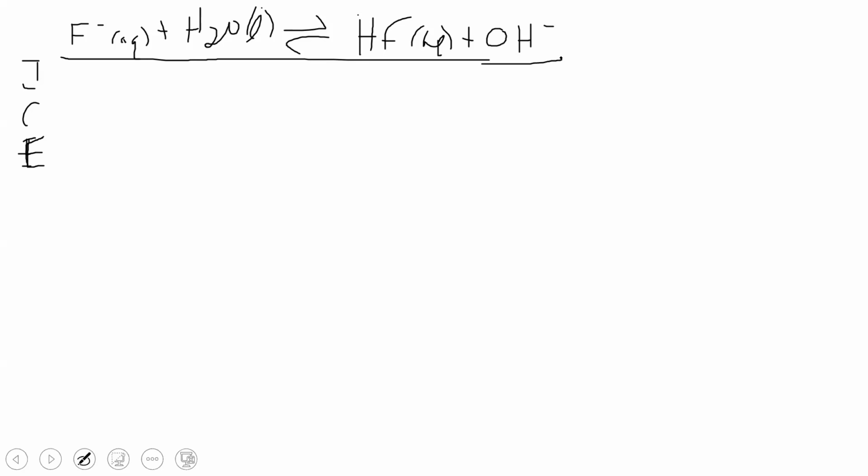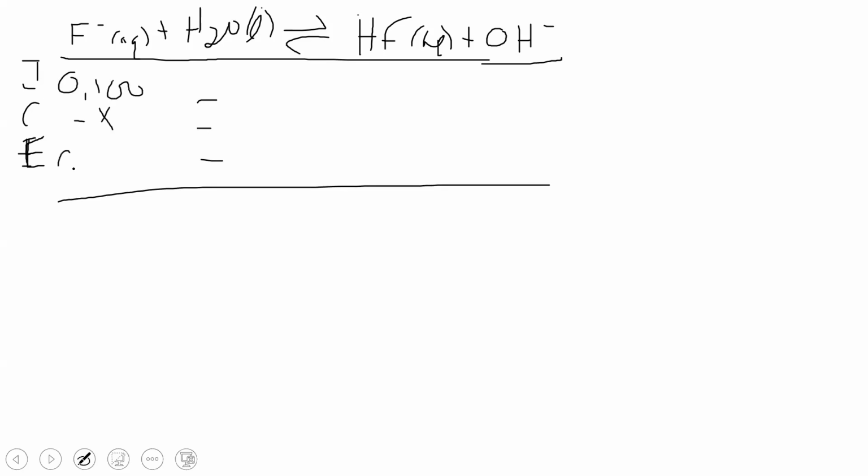But now, when we go in here, yeah, we have that 0.100 minus X, and we can still use the 0.100 and get rid of that X. That 5% rule is going to hold.